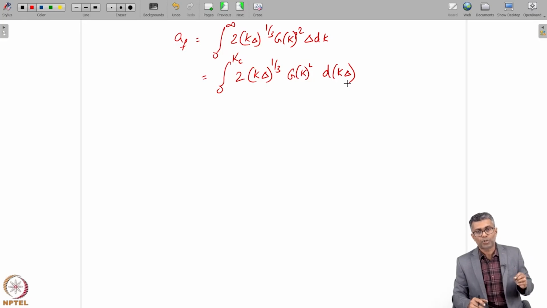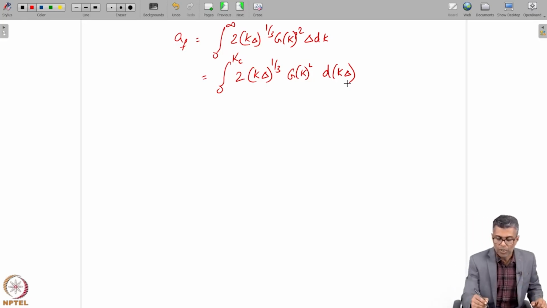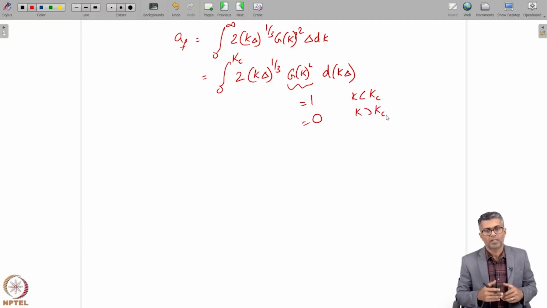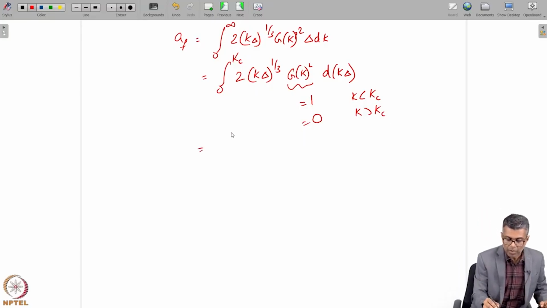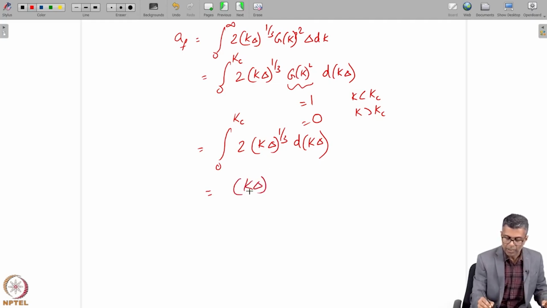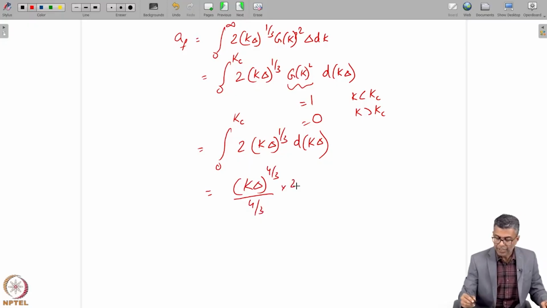Now remember, we are choosing a sharp spectral filter here, so G is equal to 1 for kappa less than kappa c, and equal to 0 for kappa greater than kappa c, because you're cutting it off at kappa c. So your integral now becomes the integral to kappa c of 2 kappa delta to the 1/3 d of kappa delta. Now you can just integrate this and it becomes kappa delta to the 4/3 divided by 4/3, multiplied by 2, going from 0 to kappa c.